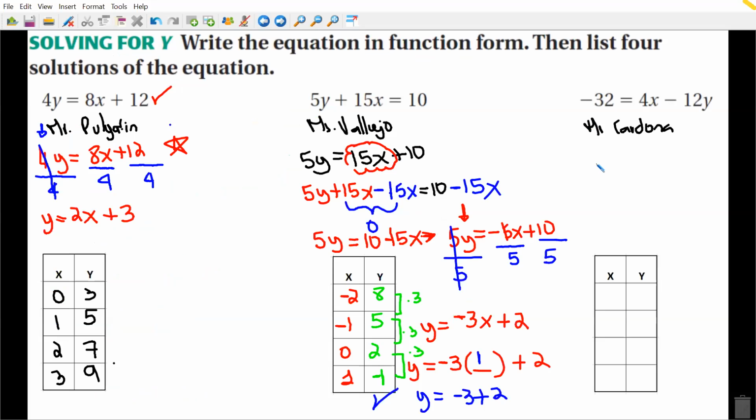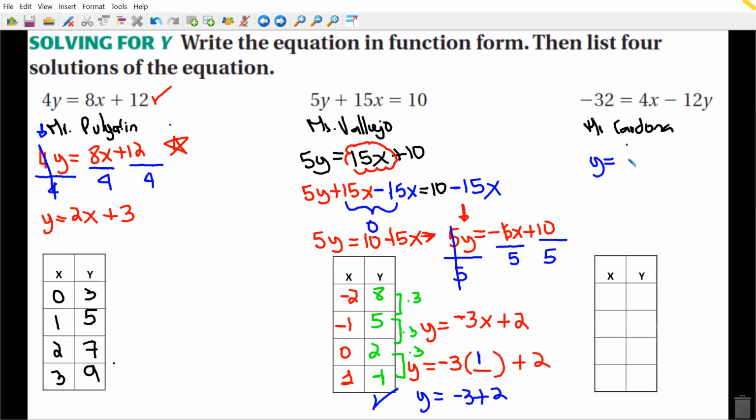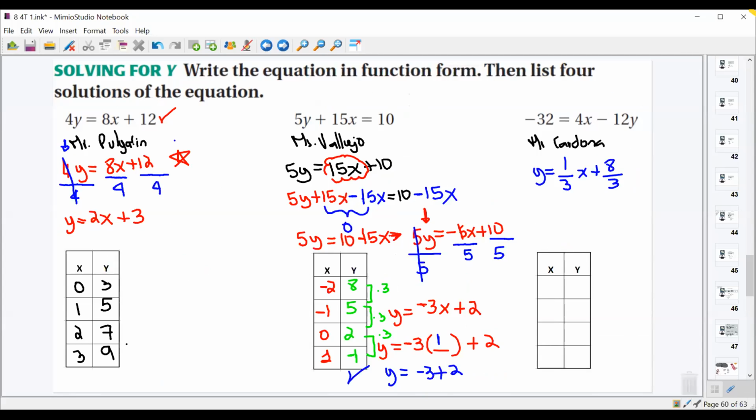So when I simplify this, y was equal to 1/3 x plus 8/3. Right, guys? Now, I believe the class is over because it's already 8:01.